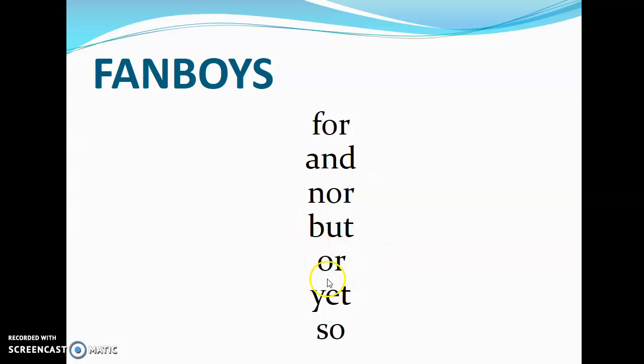Or is when we have two options. Do you want ice cream or do you want chocolate? Yet is like, she still didn't come yet. Or she still had to study, yet she still came. So it's contradicting, but with assurance, meaning she still did it.